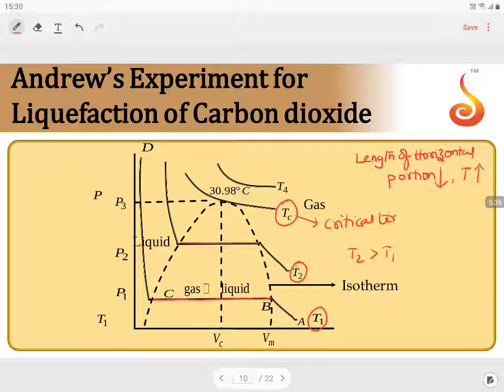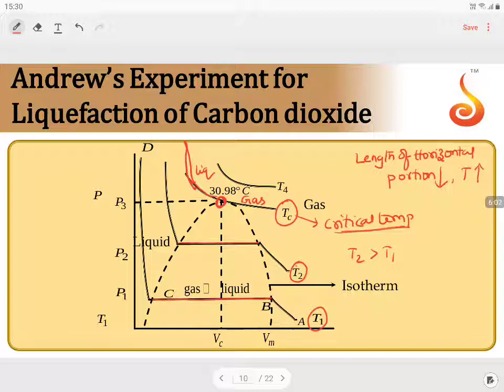At critical temperature, you observe a single line. Up to that point you see the existence of gas phase, and from that point you see the existence of liquid phase. The two phases transform with no interface visible between the gas phase and liquid phase.